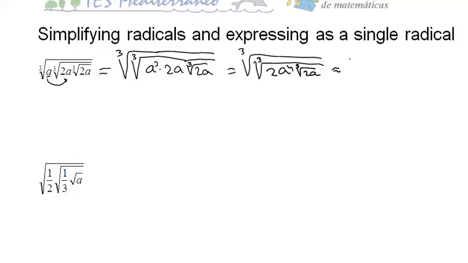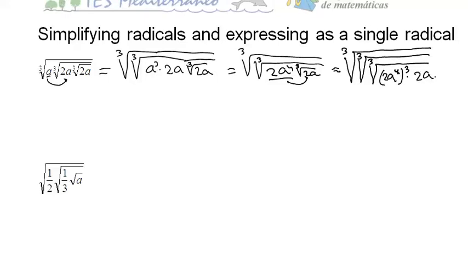Now you can introduce this into the last one, and then we've got the cube root of 2a to the 4th raised to 3 times 2a, which is equal to, I'm going to simplify the radicals now.